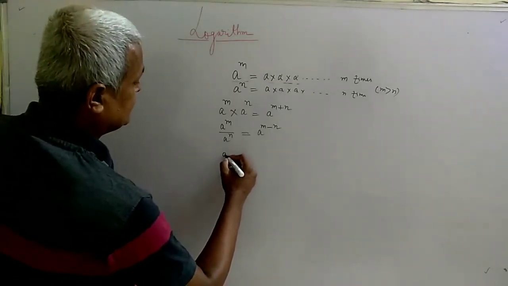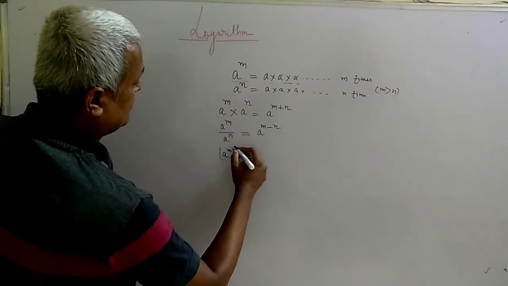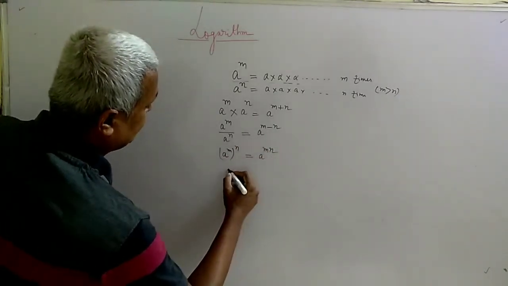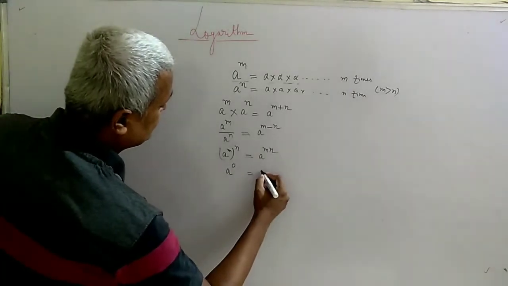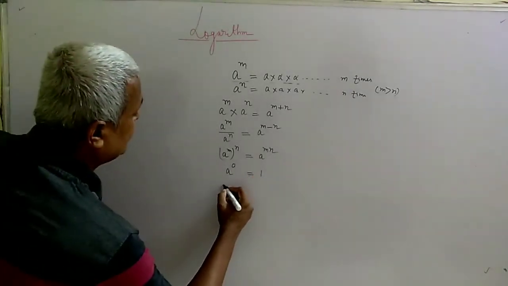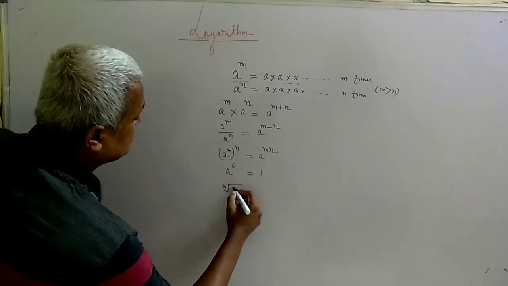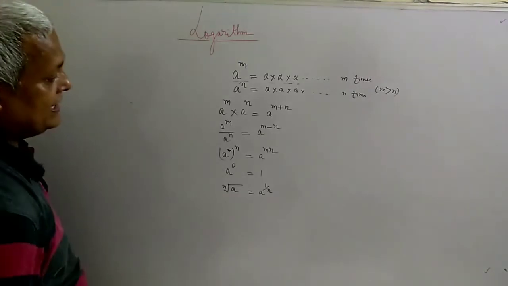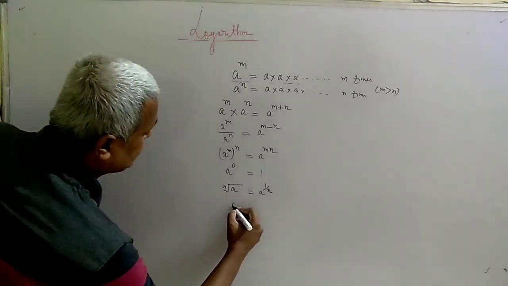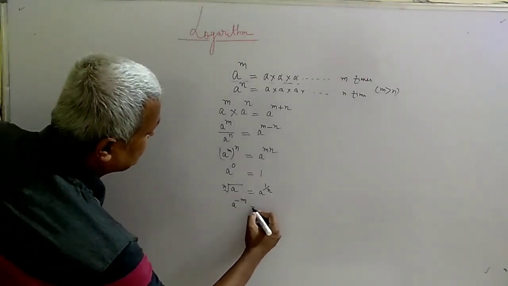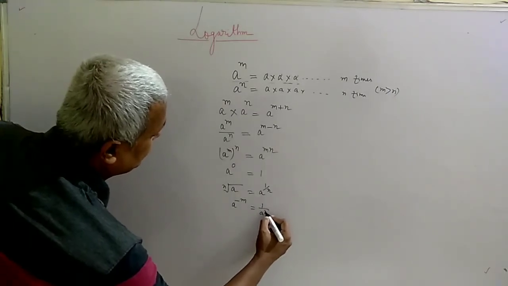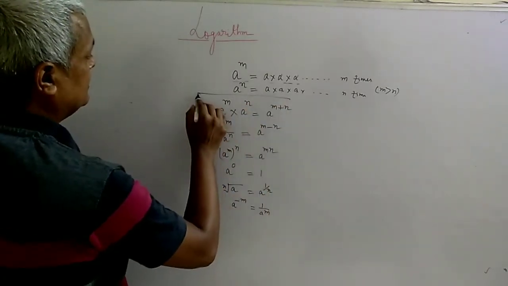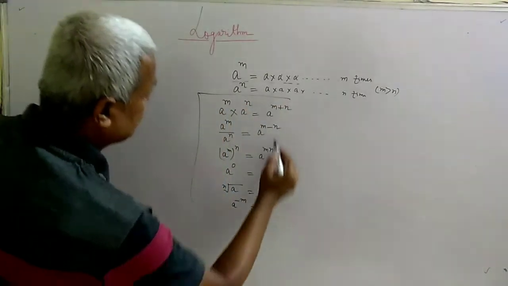Then the next formula is a to the power m whole to the power n, and this simply becomes a to the power mn. Then we have any number to the power 0 is 1. Then the nth root of a is a to the power 1 by n, and one more, a to the power minus m is 1 upon a to the power m. So these are the formulas of indices.